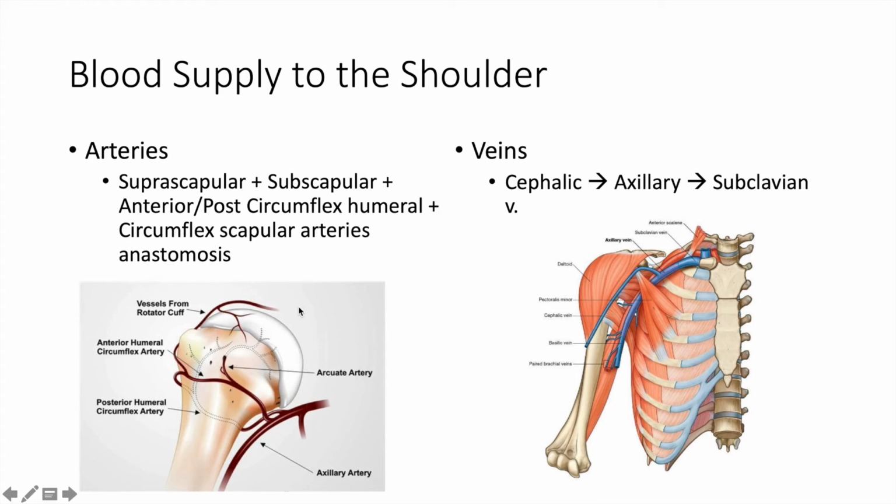Suprascapular is coming from my back, around to the top, and subscapular is coming again from my back, from around where subscapularis is, to anastomose to supply my humerus. My veins: we have cephalic, which drains into my axillary, which drains into the subclavian vein. We're going to talk more about the blood supply of the arm itself.